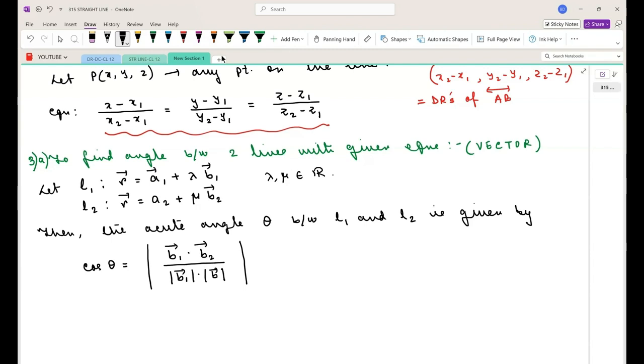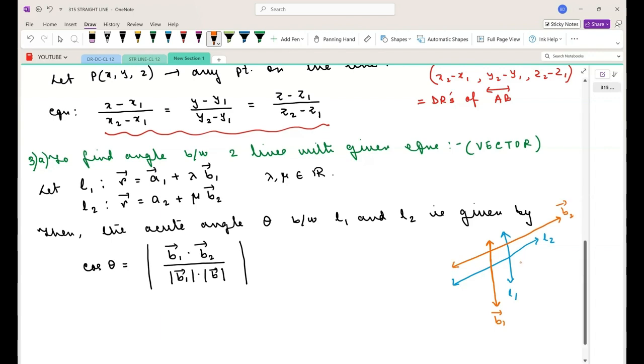So here you can interpret it like this. Now you have to find the angle between L1 and L2. Suppose this is my L1 and this is my L2, right? Now, what are b1 and b2? b1 is parallel to L1. So b1 is something like this, parallel to L1. This is b1. And b2 is parallel to L2. So something like this. This is b2, right?